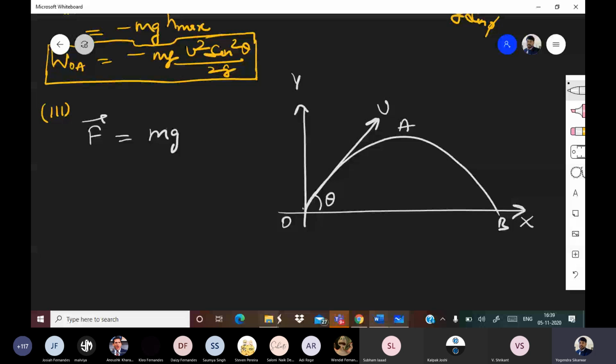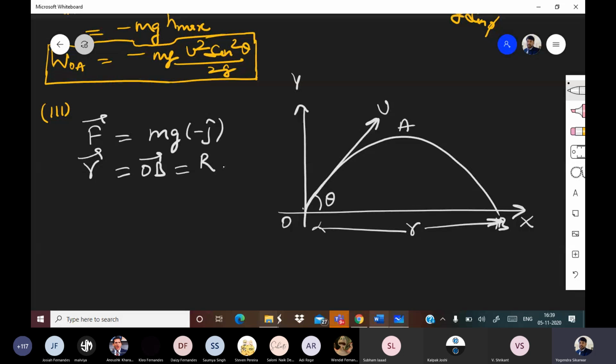R vector is OB vector, equal to R i cap.